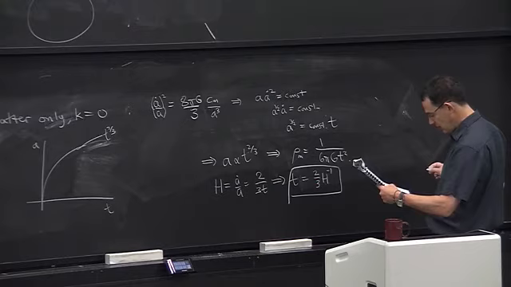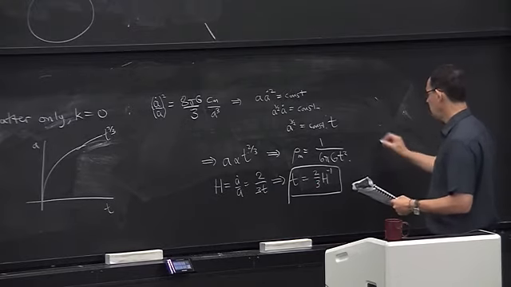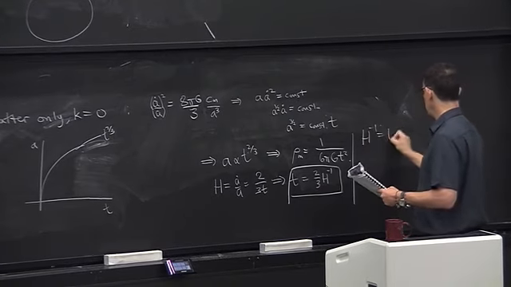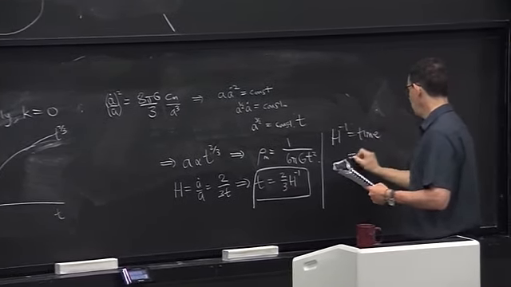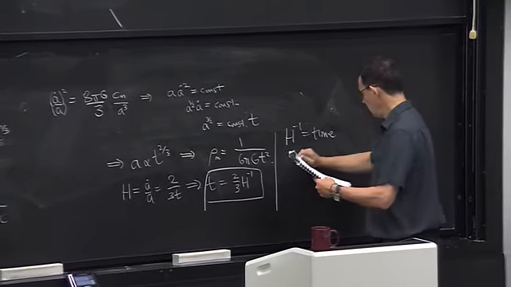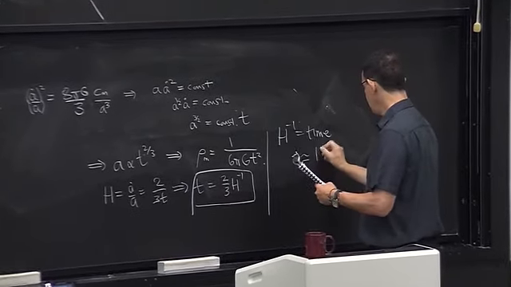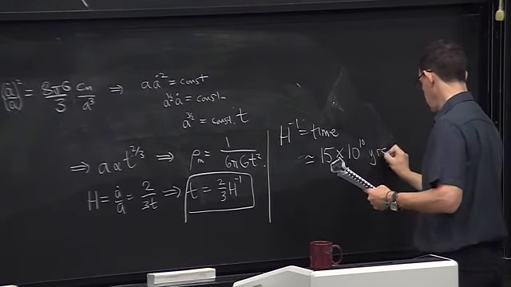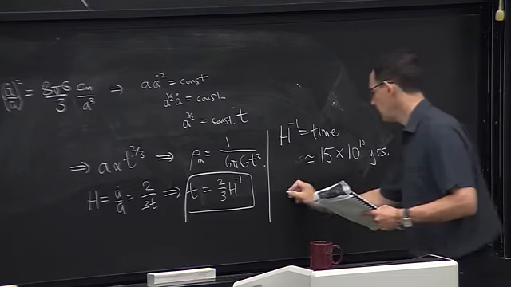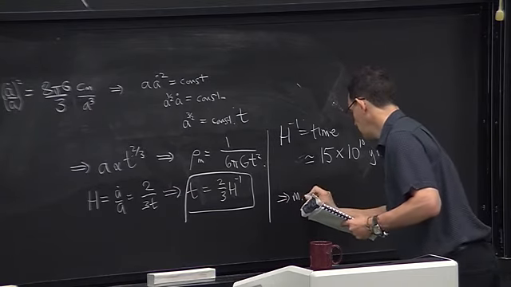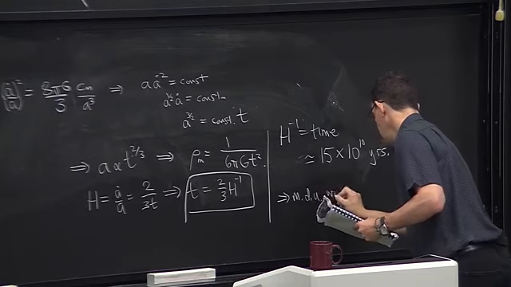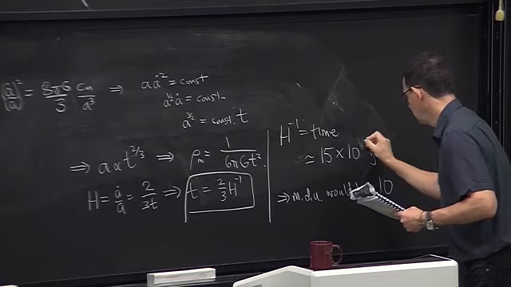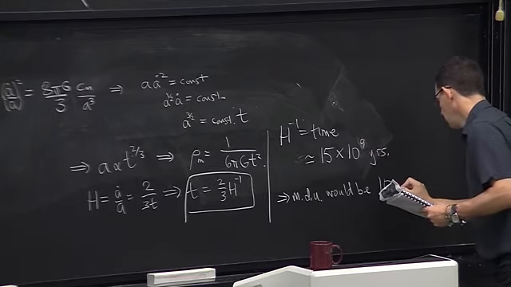Now, if you work it out, H inverse is a time of about 15 times 10 to the 9 years. So a matter-dominated universe would be about 10 billion years old.